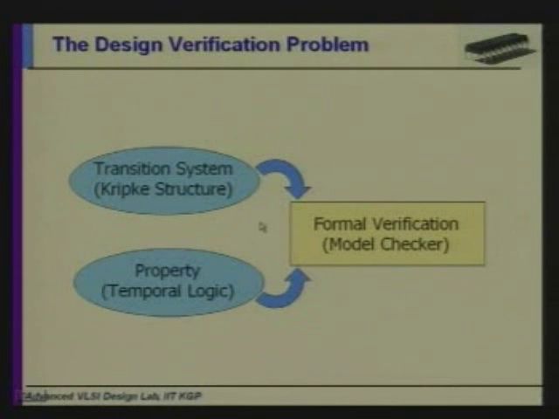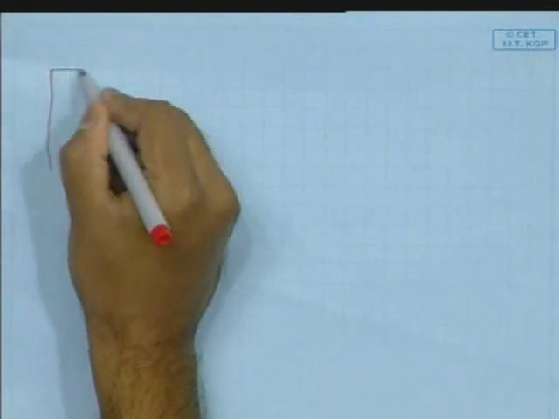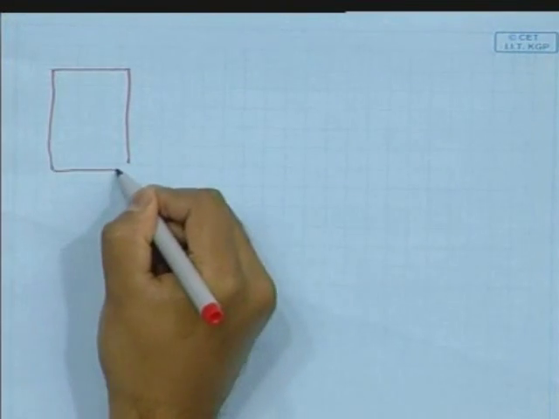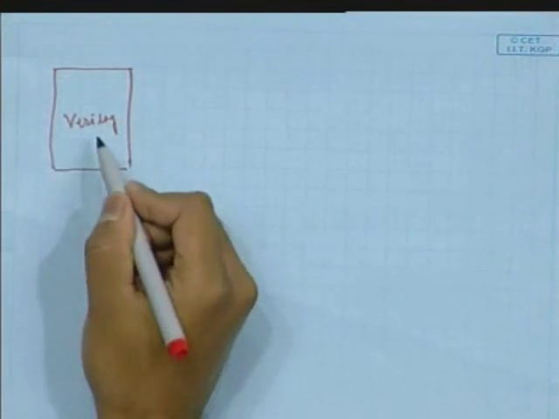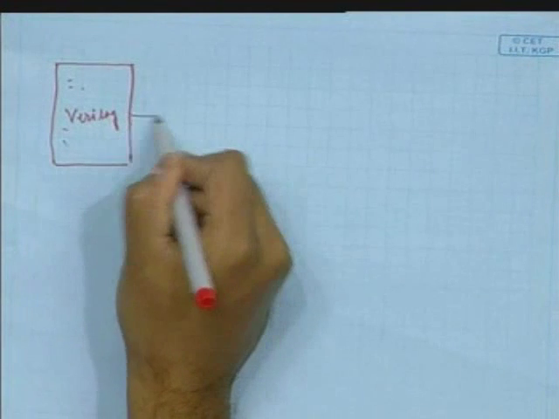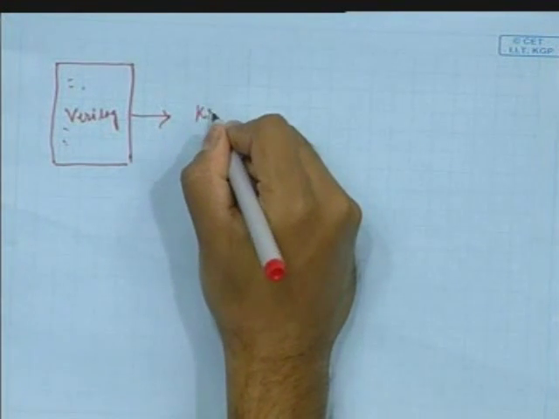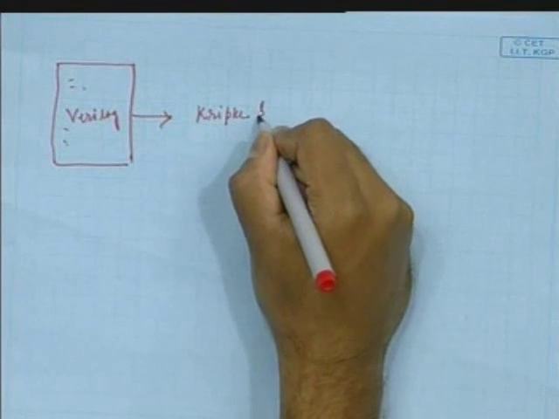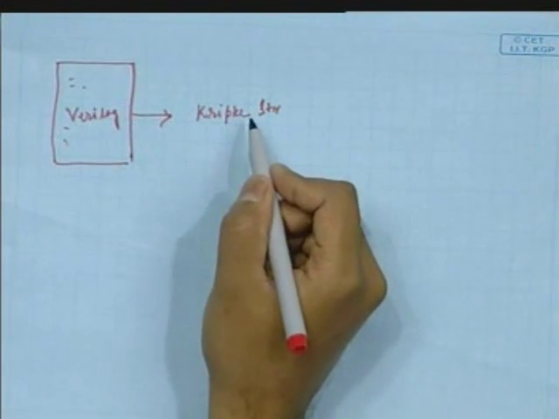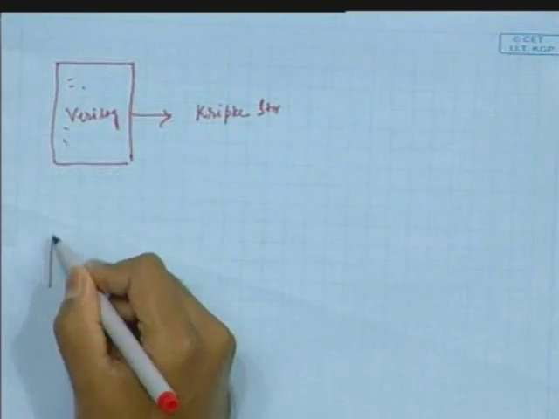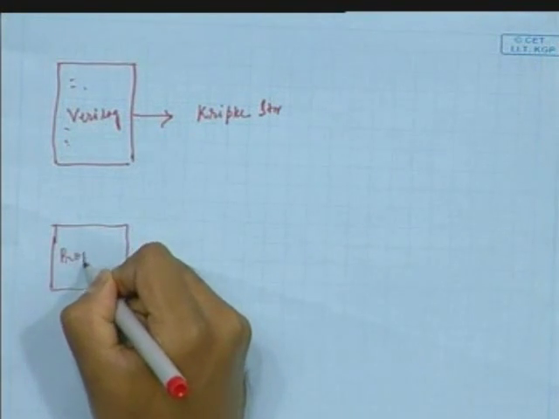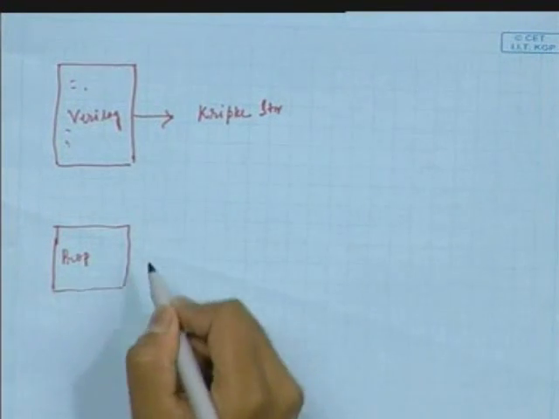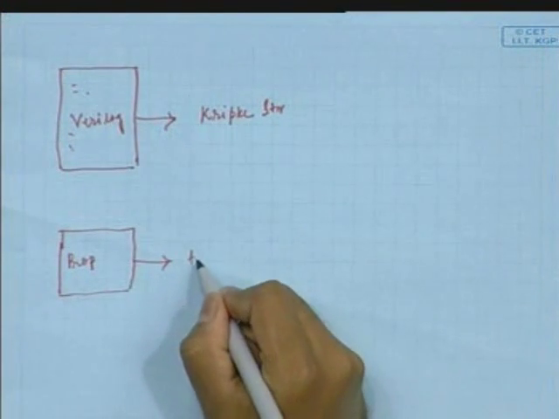Now for hardware verification, we have Verilog code here. From this Verilog code, we extract some Kripke structure, and all these properties are expressed using temporal logic.